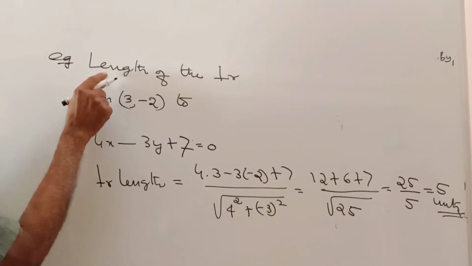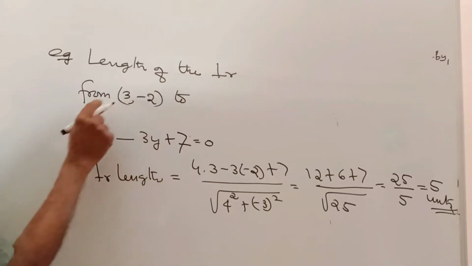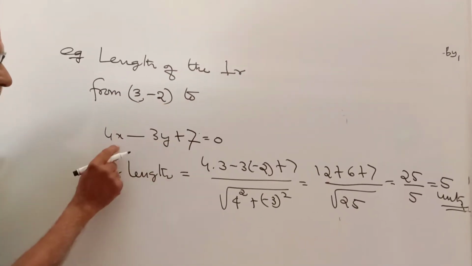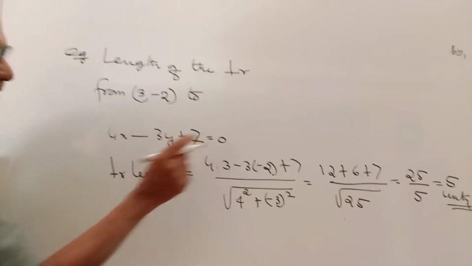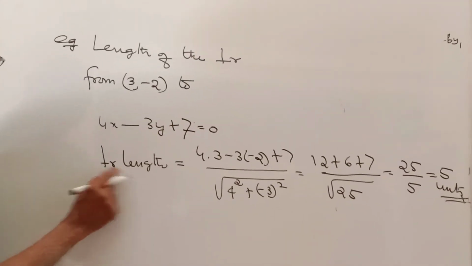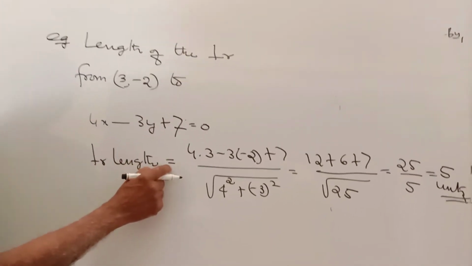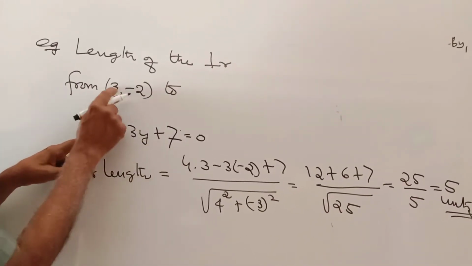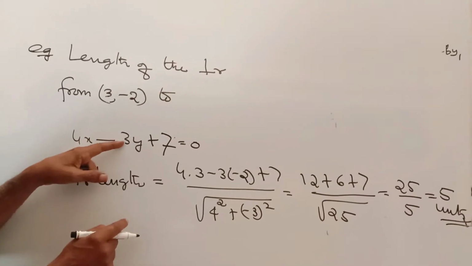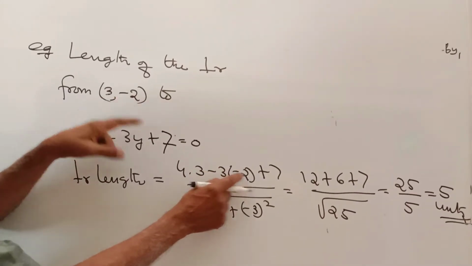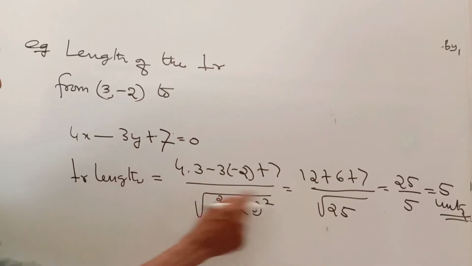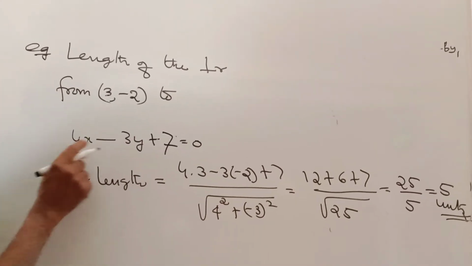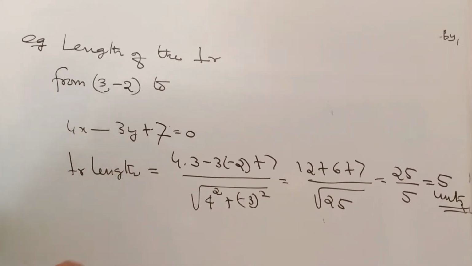Now we see an example. Length of the perpendicular from 3, minus 2 to 4x minus 3y plus 7 equal to 0. Length of the perpendicular equals, you have to substitute the point. 4 into 3 minus 3 into minus 2 plus 7 divided by root of 4 squared plus minus 3 the whole squared.